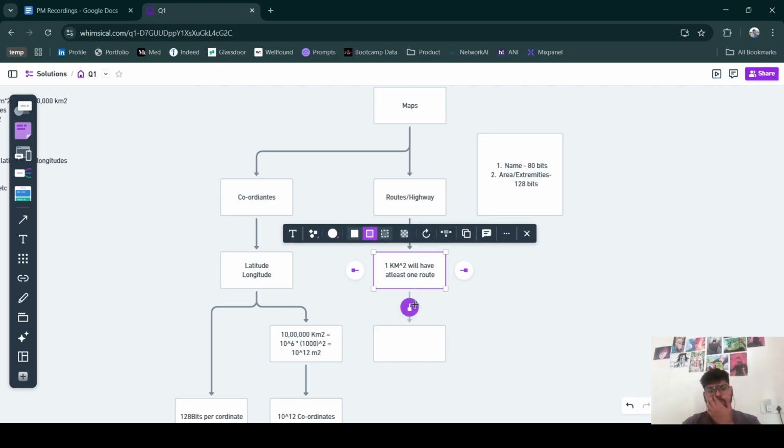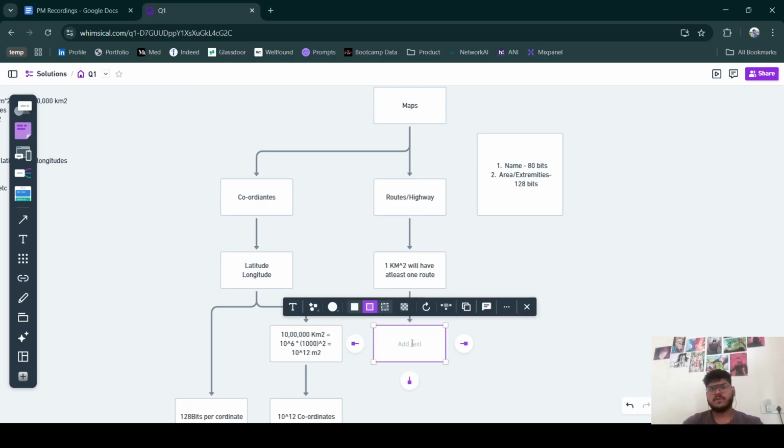So if it's 10 lakhs kilometer square, it would be around 128 plus 80.